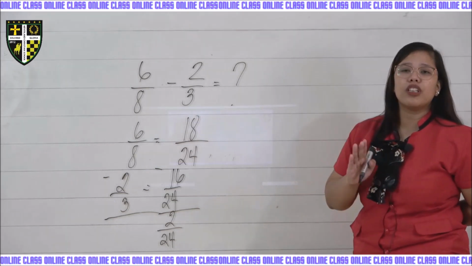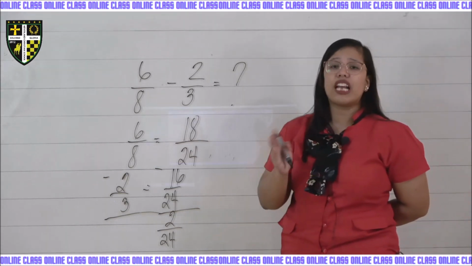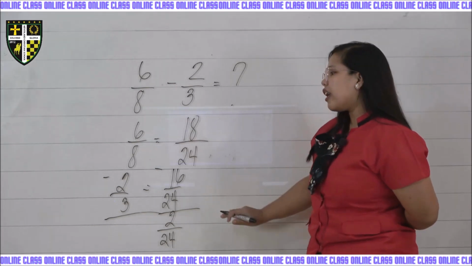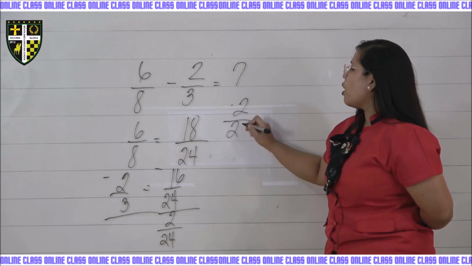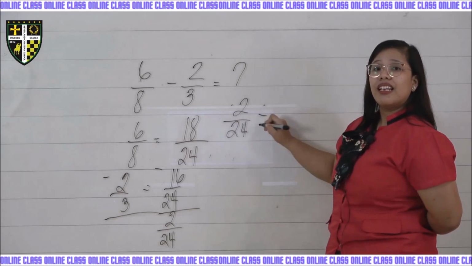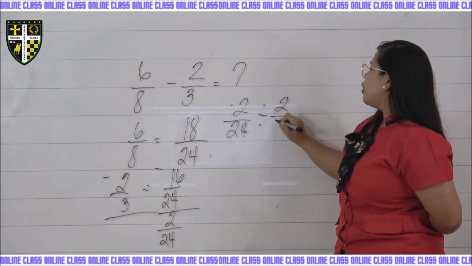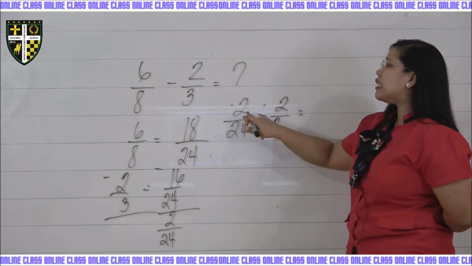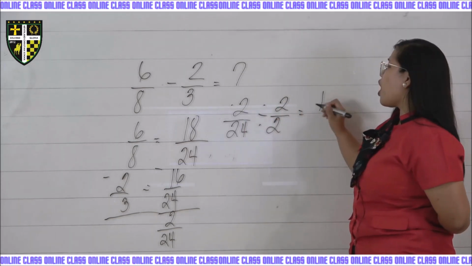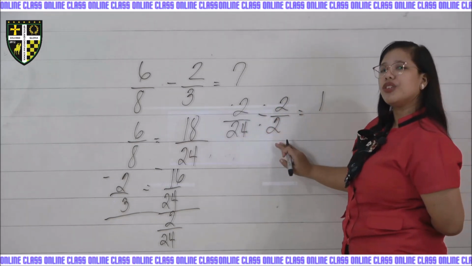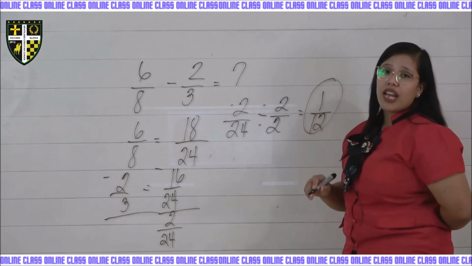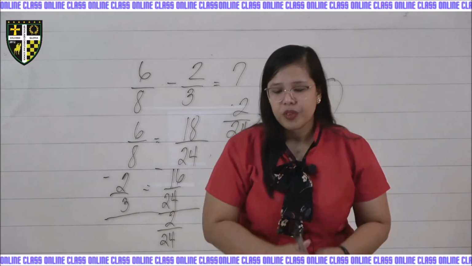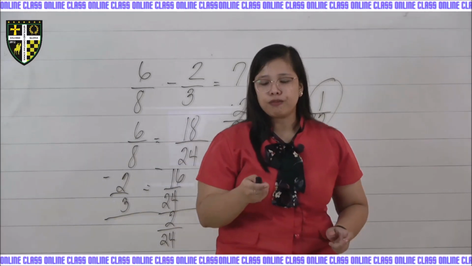Think of a number that you can divide both numerator and denominator. Here, we can divide 2/24 by 2. 2 divided by 2, we have 1, and 24 divided by 2 is 12. So the answer is 1/12.